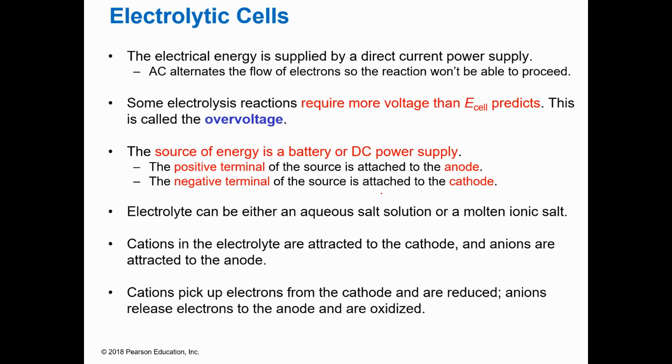And some electrolysis reactions will require more voltage than they predict, and that's just called overvoltage. The source of energy is either going to be a battery or DC power. And for electrolysis, the terminals are flipped. So the positive terminal is then with the anode, and the negative terminal is with the cathode.